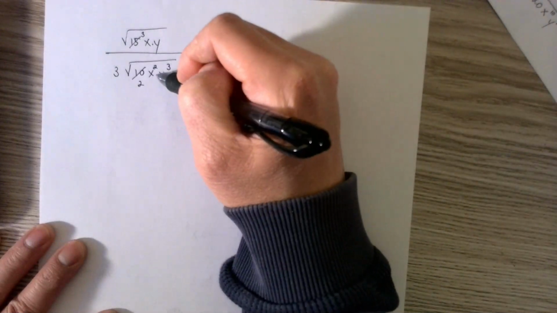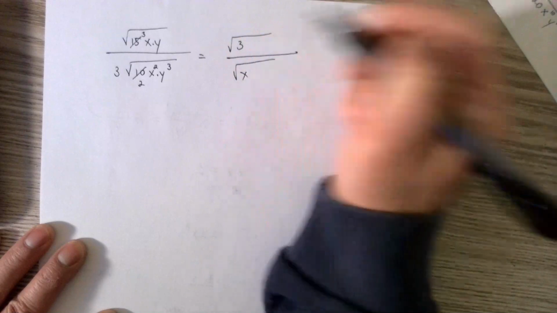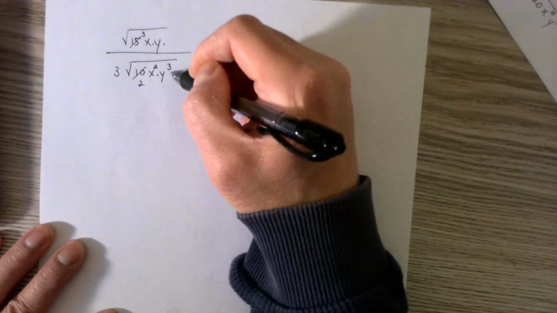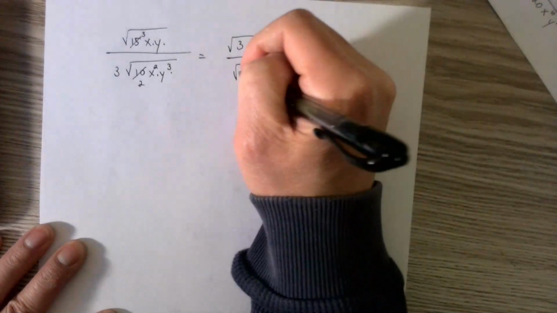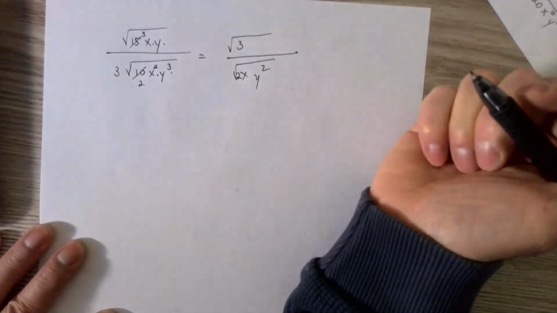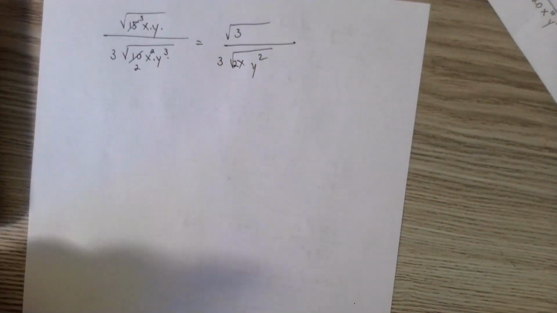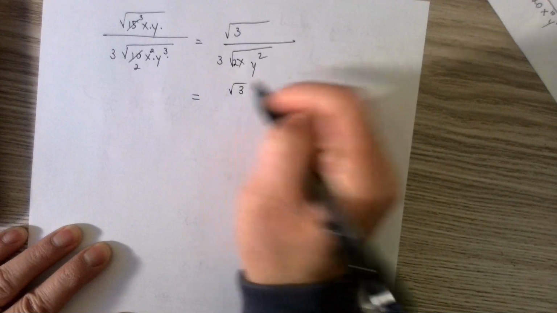X here, x squared down here, so I know I will have an x in the bottom. Y up here, y cubed down here, so y squared down here. Oh, I forgot the 2. There's 2. And I have a 3 out here. Okay, I'm going to leave that 3 for the moment.